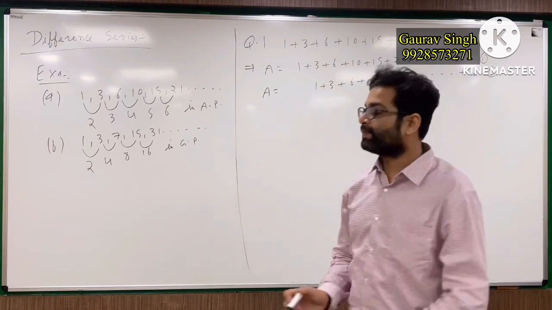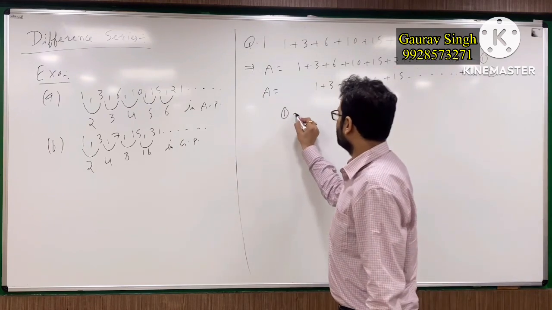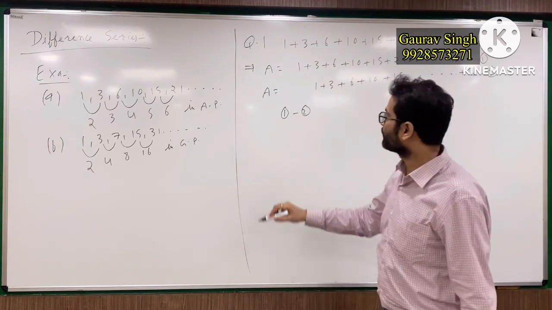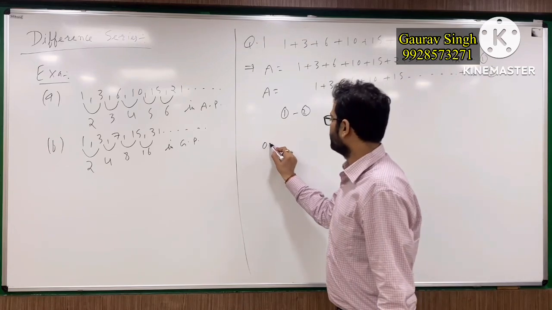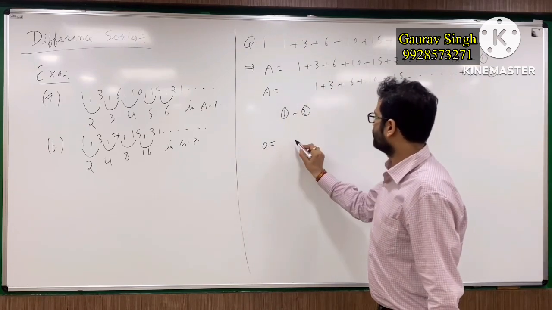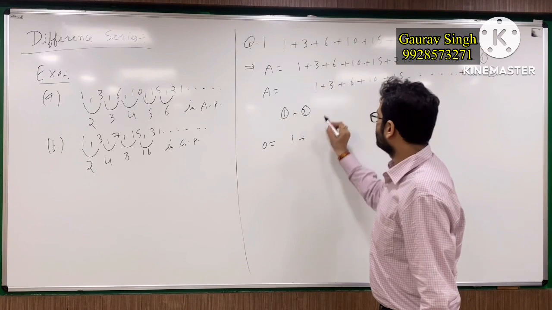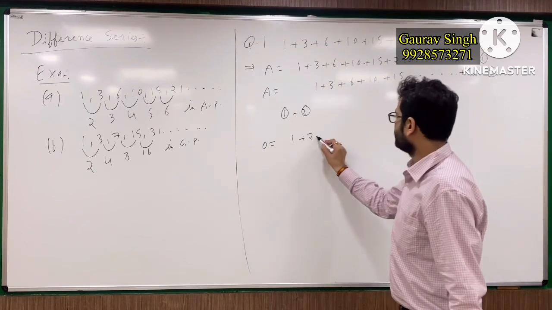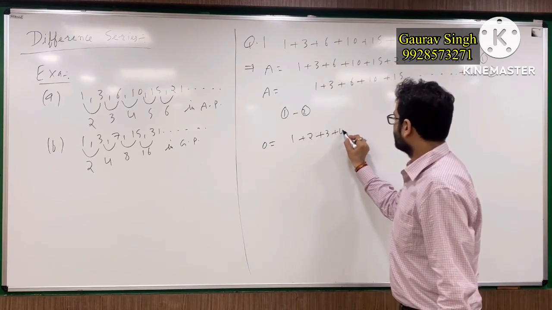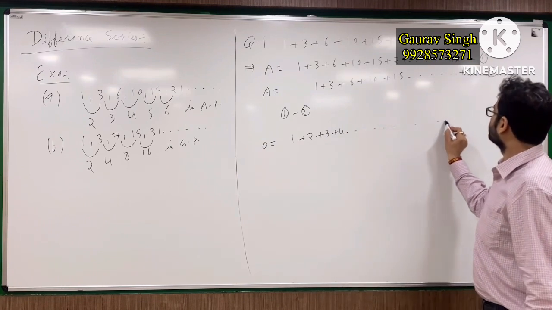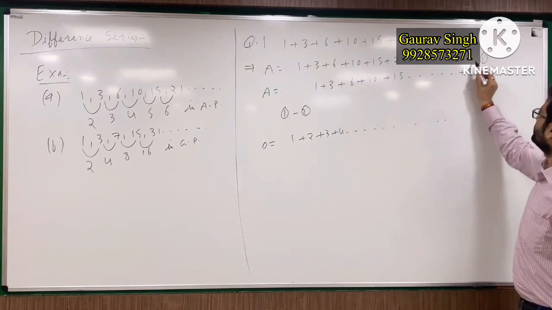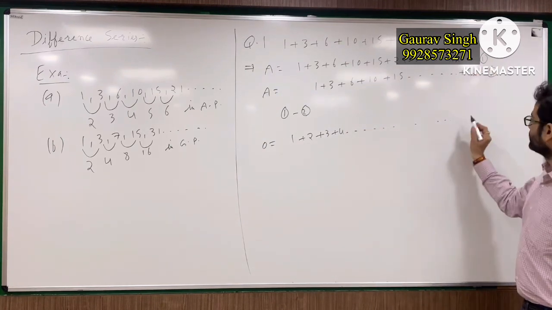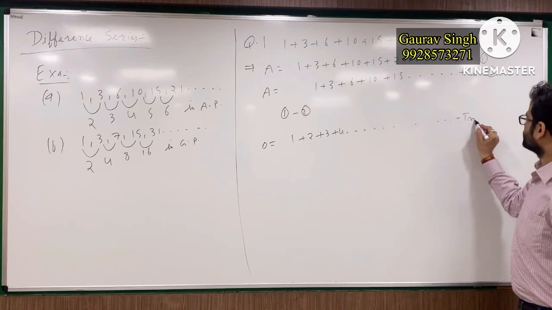Then we subtract equation 2 from equation 1. Then we find 0 equal to 1, here 2, here 3 and so on, and after that there is no term here, so minus Tn comes.